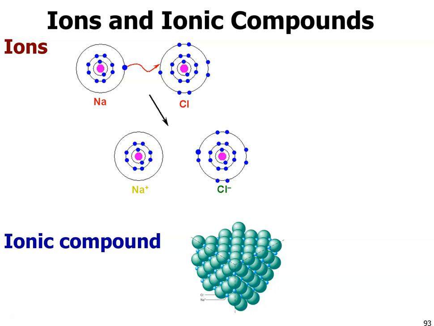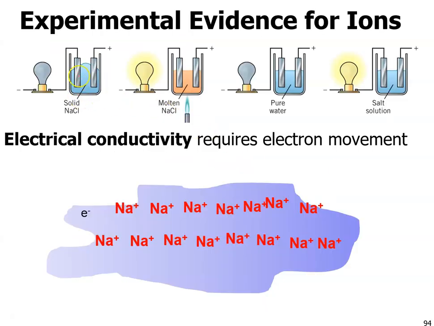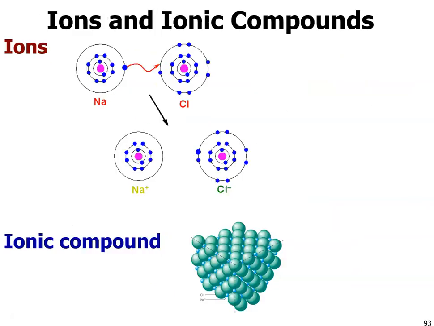If I have some table salt on my counter and I want to put an electrode through it, it's solid. These are all evenly distributed, with tiny sodium ions in between the chlorine ions. The charges are evened out and distributed, and there's no movement. There's no ability for electrons to jump from this sodium to this sodium because they're too far away.